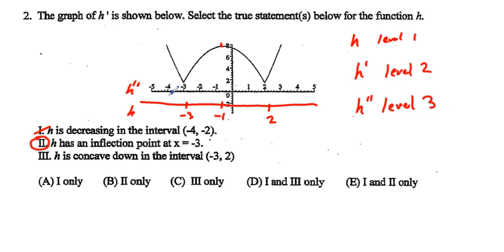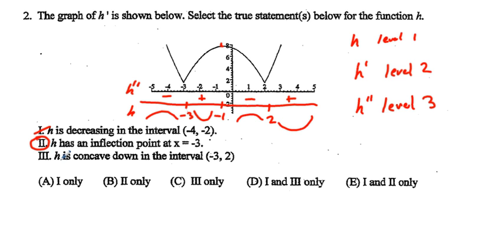So to the left of -3, the slope of H prime is negative, so we are going to be concave down. And between -3 and approximately -1 or so, the slope of H prime is positive, so we're going to have concave up. And then between -1 and 2, the slope of H prime is negative, so we have concave down. And to the right of x equals 2, concave up.